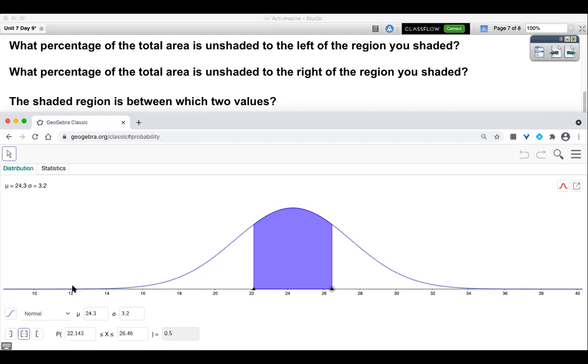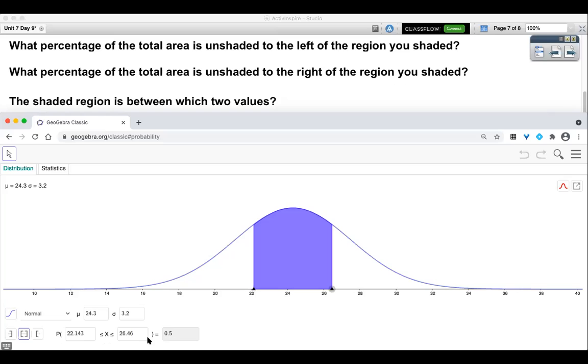Okay. Now, one additional thing, I know it doesn't say it here, but I'm still going to ask it because it'll help us for later. How many minutes is the 25% of the total area that's unshaded on the left? Well, let's go ahead and take a look at those values right here. All right, we've got these two values right here.